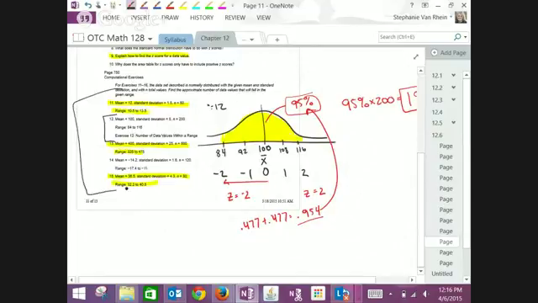You can memorize the empirical rule, which states that 68% of the data will fall within 1 standard deviation, 95% will fall within 2, and 99.7% will fall within 3 standard deviations. So 11 through 15 gives you the exact 1, 2, or 3 standard deviations.